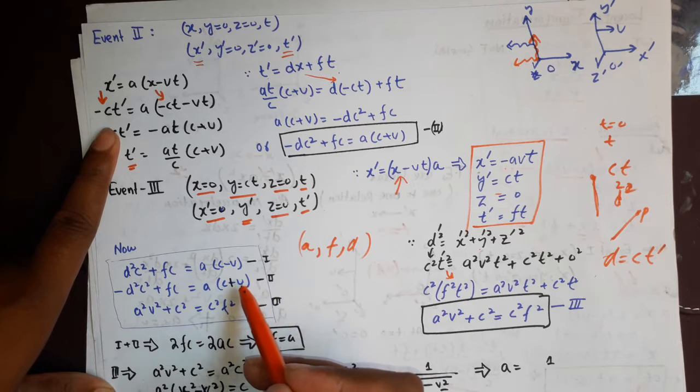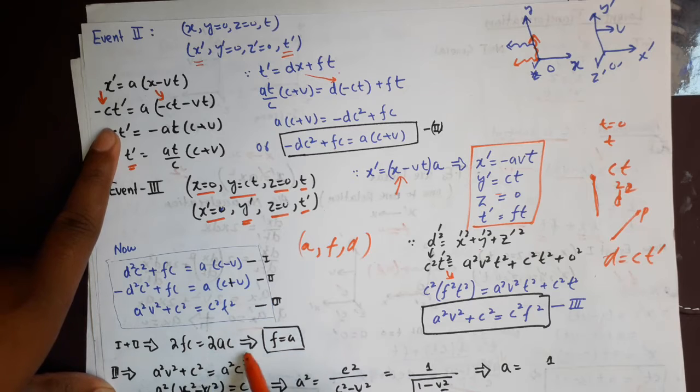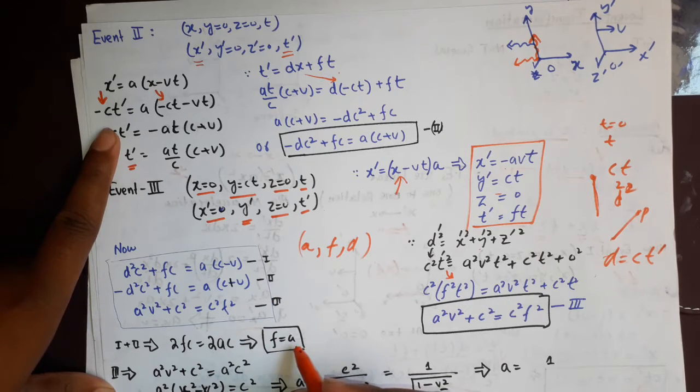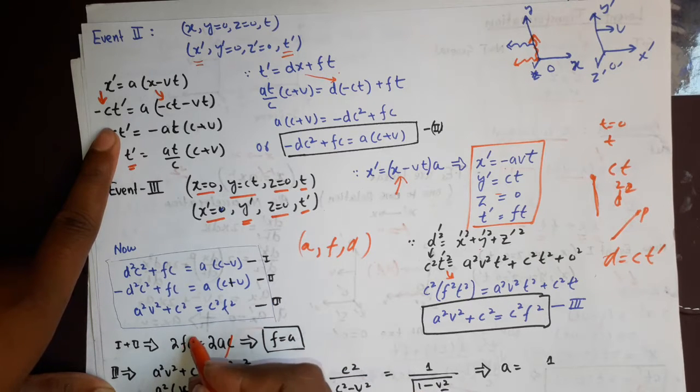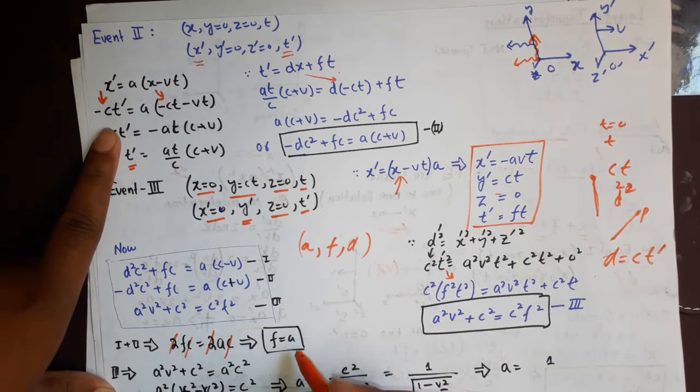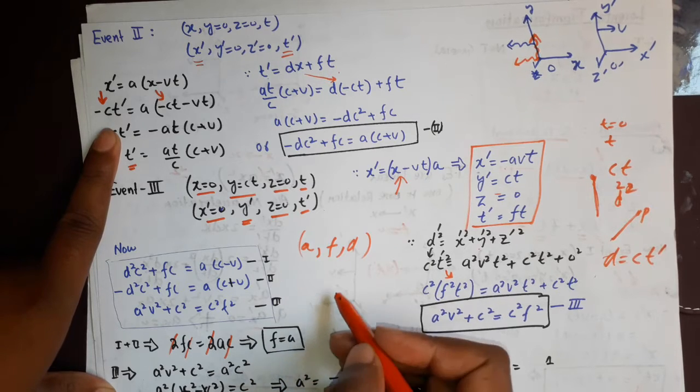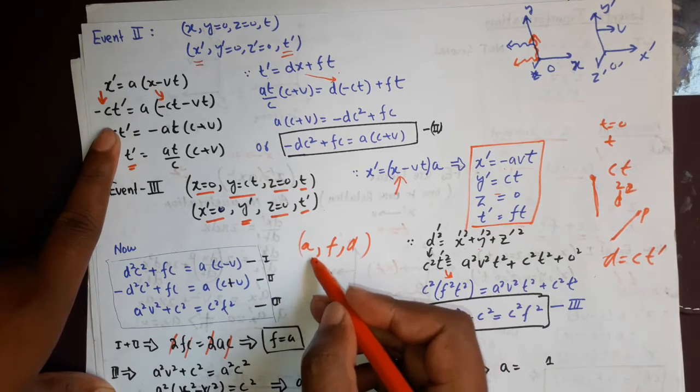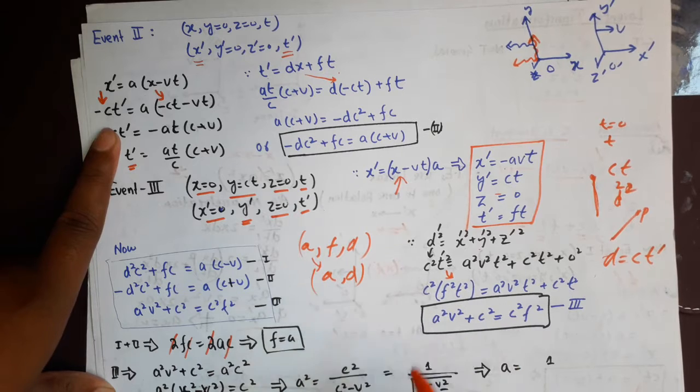So av will cancel out with av, and I will get 2ac. This gives me fc equal to ac, because c gets cancelled out and 2 gets cancelled out, so f is equal to a. So I have found that f is equal to the other constant, which means I have only 2 independent constants, that is a and d.